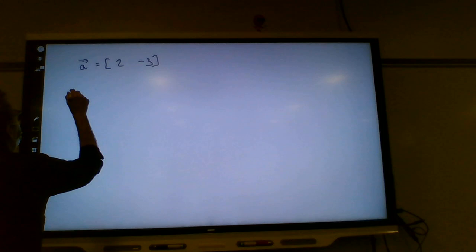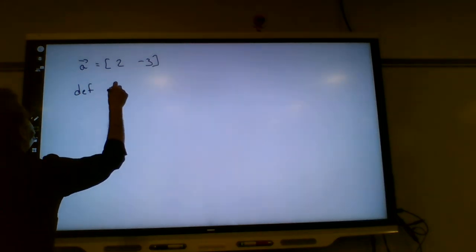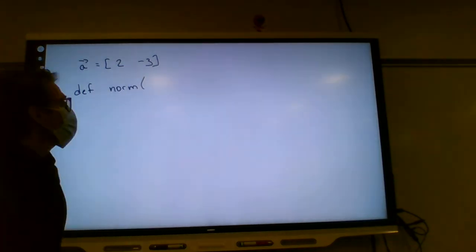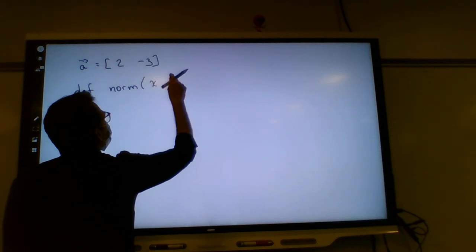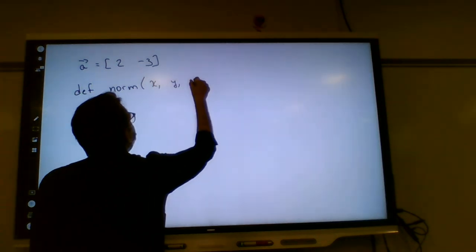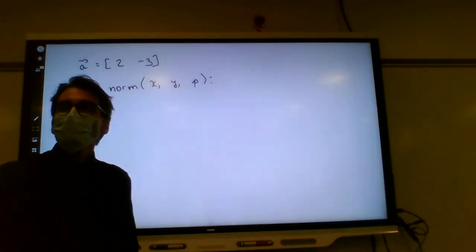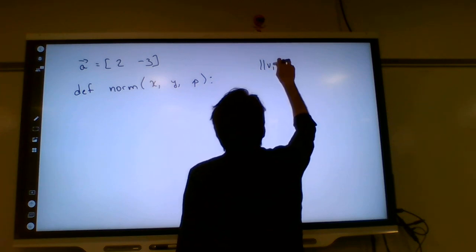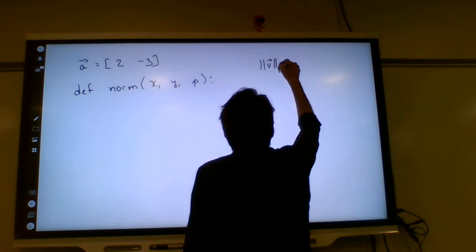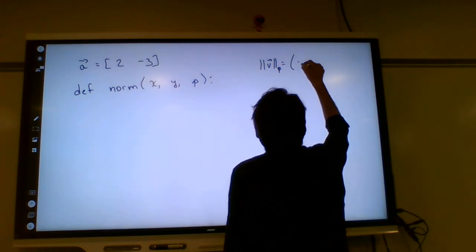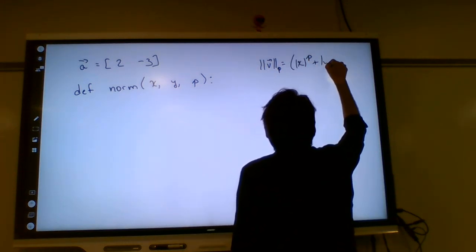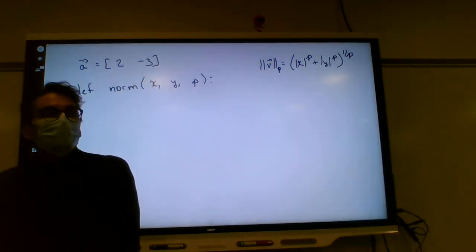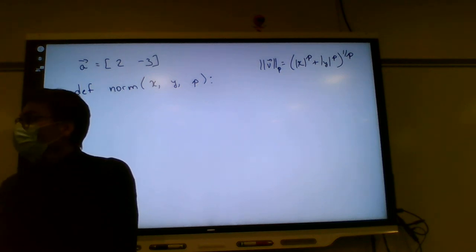What I would like for you to do is to write a function we're going to call norm that will take an x and a y value and then the p value and return the appropriate value for that norm.